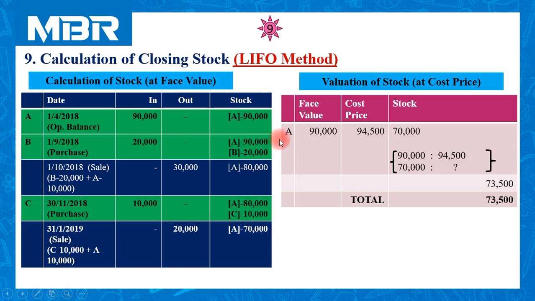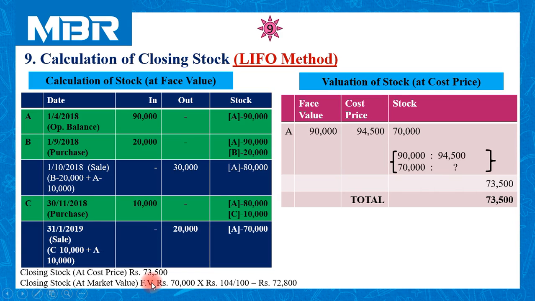Now in our question, information is given that the market value of the stock is 104. So we need to evaluate stock at market value. Face value 70,000 multiplied by 104 divided by 100. So the market value of the investment is rupees 72,800.